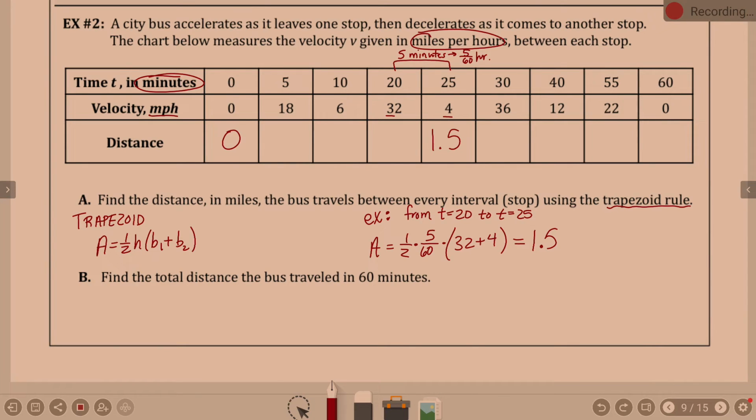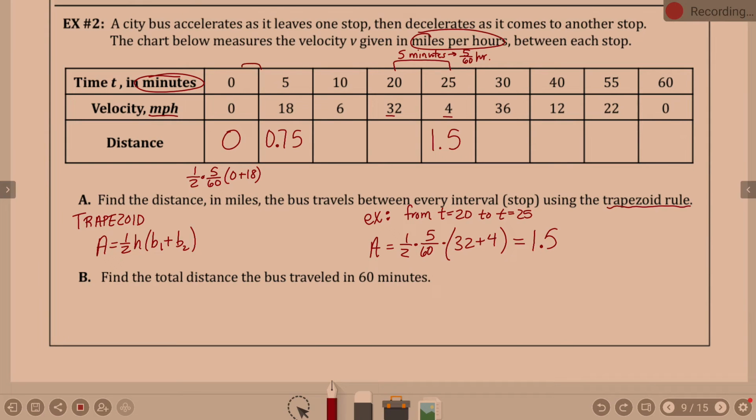I'll write them here and then I'll end up erasing them. 1/2 times 5/60 is the distance between the two, and then 0 plus 18. And that gave you 0.75. That was from 0 to 5.